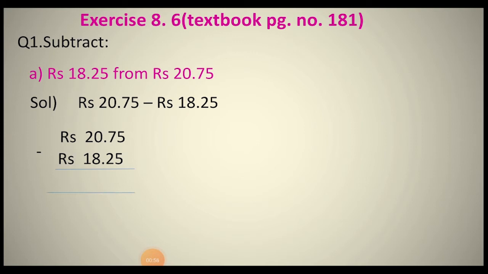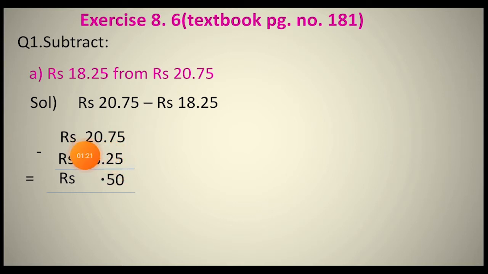Now we will arrange both these numbers one below another and subtract. See here how we get the difference. The digits in the hundredth part of this decimal are 5. So 5 minus 5 we got 0. Likewise 7 minus 2 we will get 5, and the decimal will be brought down as it is. Then the digit in the ones place is 0, so we cannot subtract 8 from 0.